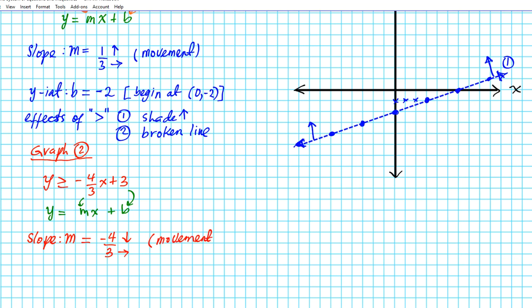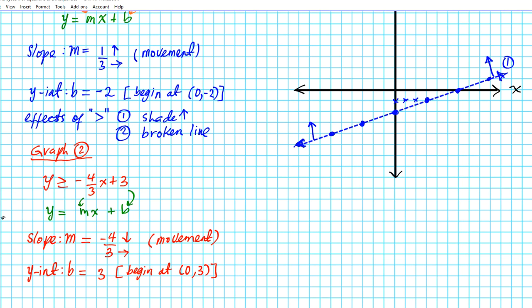Now, where do you start moving from? Well, that's what the y-intercept is for. The y-intercept, the b value, is 3. So that means we're going to begin at the point (0, 3). That's the point representation of the y-intercept on the coordinate system.